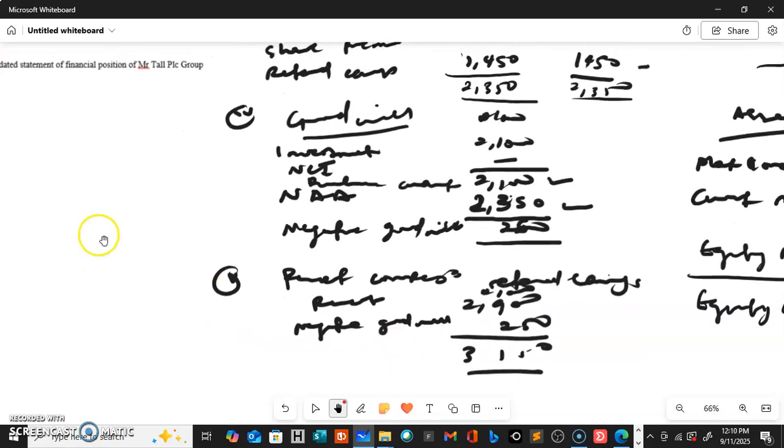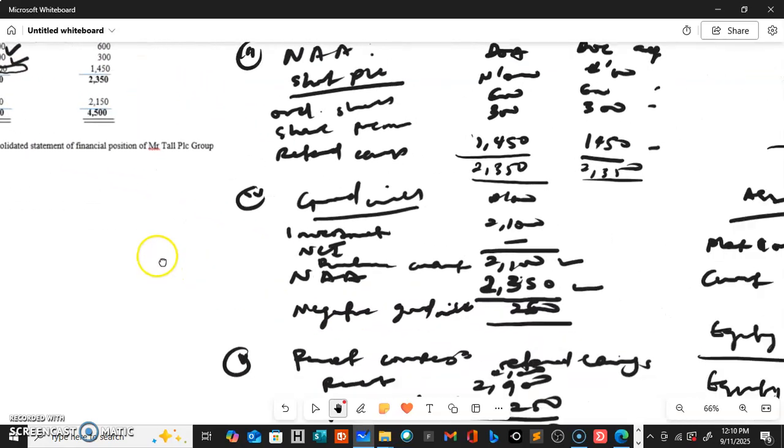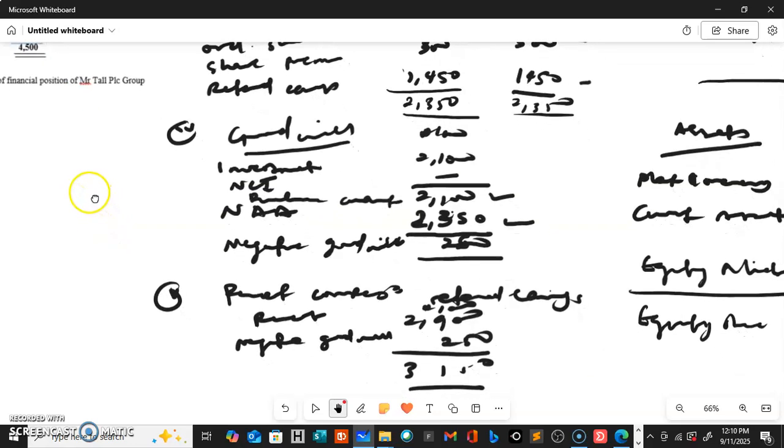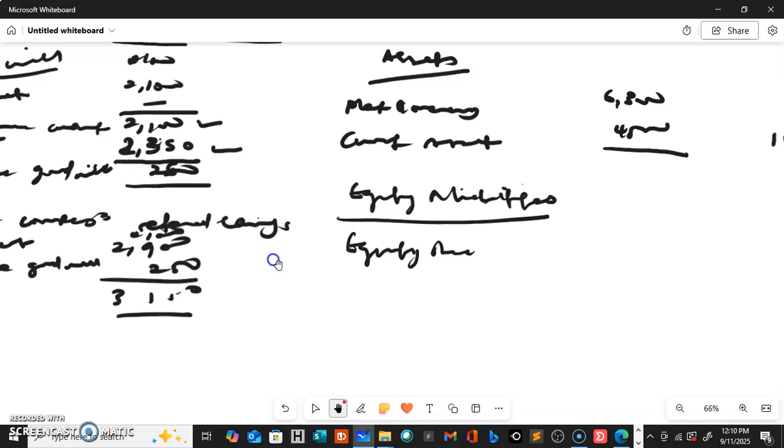What's the value of the equity share of the company? The equity share of the parent company is 2,000 from what we have here. We also have the share premium as 1,500. So let us go ahead and record that. 2,000. We have share premium as 1,500. And we also have the retained earnings.